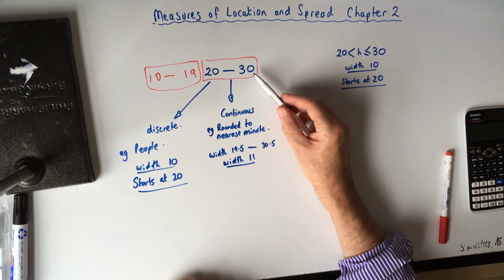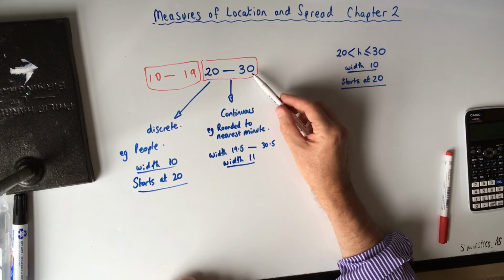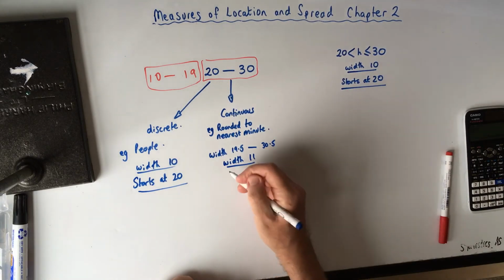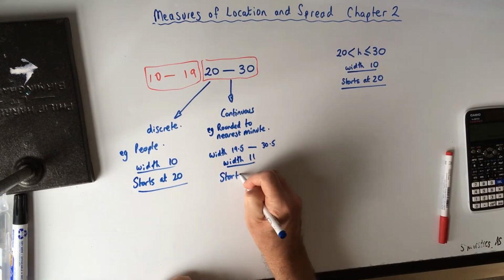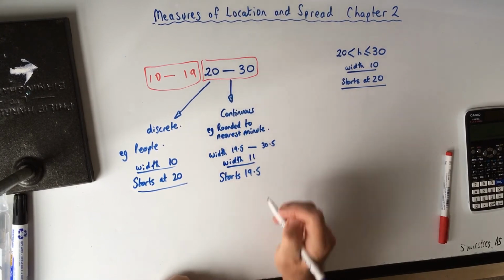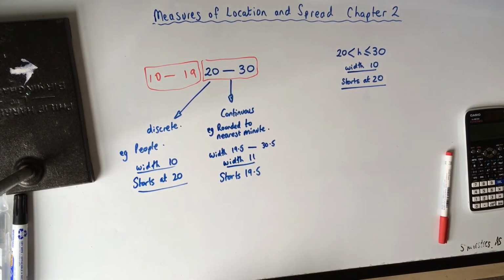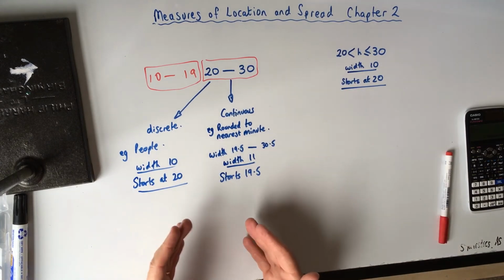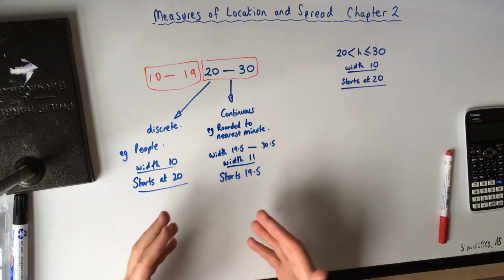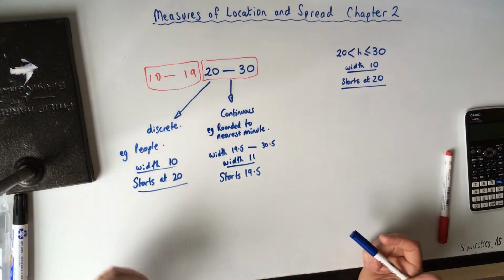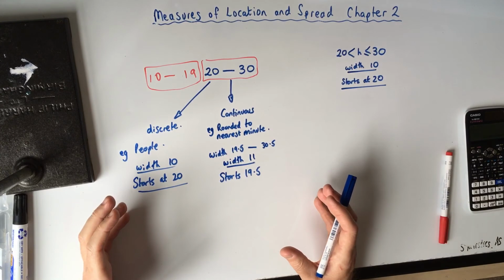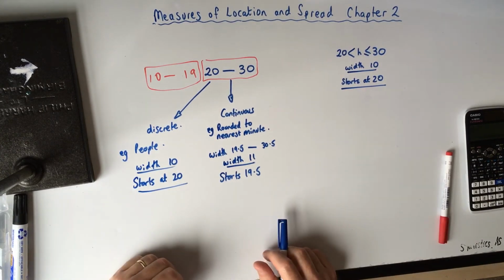If it's data that's been rounded to the nearest minute, and it's time, then the bandwidth would be 11 and it starts at 19.5. So you have to interpret the question before you start dealing with things that involve the bandwidth, the class width, sorry. You have to put a layer of thought into it.